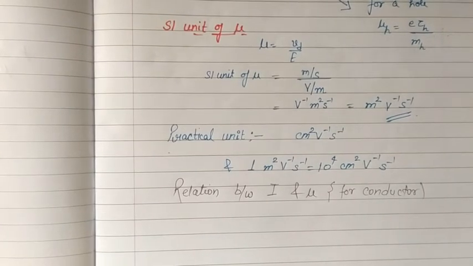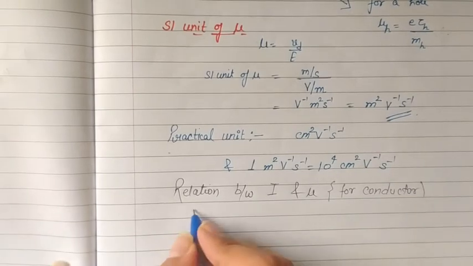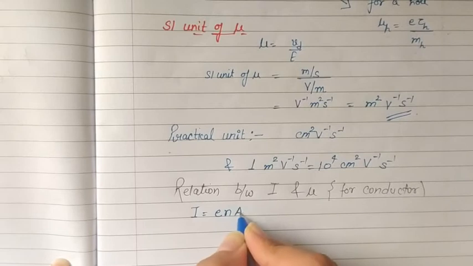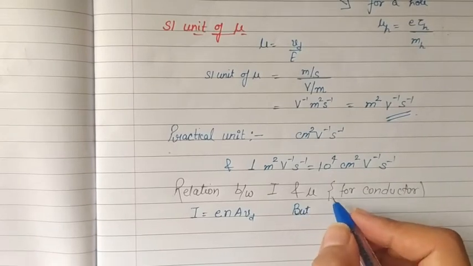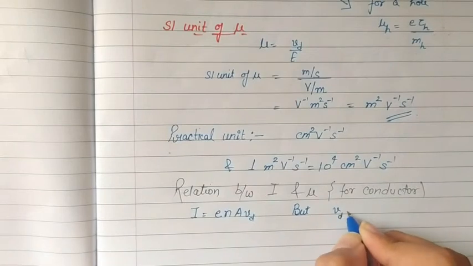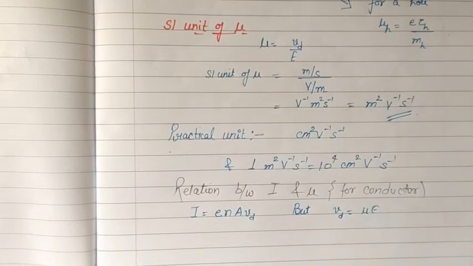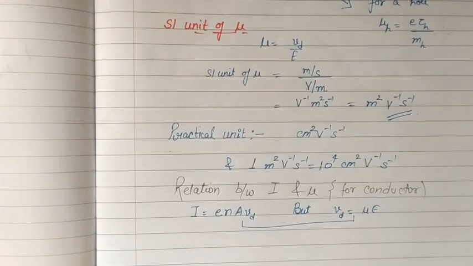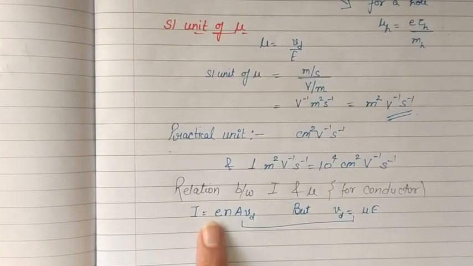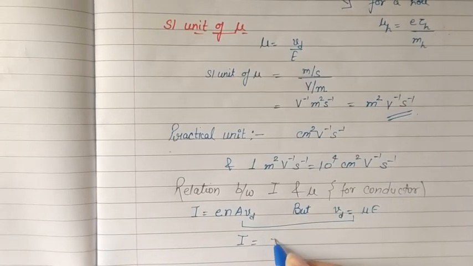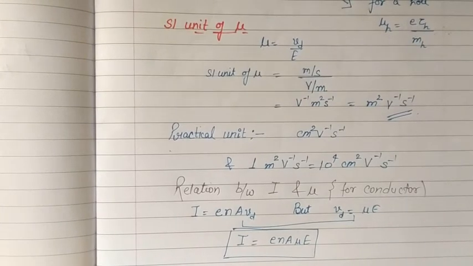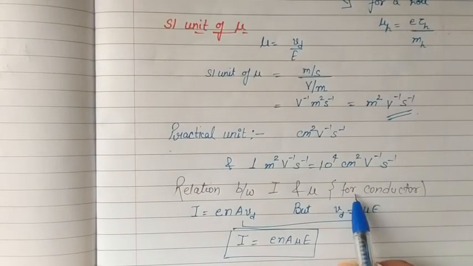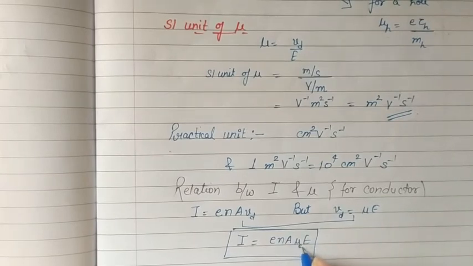For conductors we know that the electric current I is equal to ENA VD, but from the formula of mobility we can write VD as mu capital E. On substituting the value of drift velocity in the relation of current, we get I is equal to ENA mu capital E. Since this conduction is because of the electrons, as we are talking about conductors, there is no hole, so we can write it as mobility of electron only.